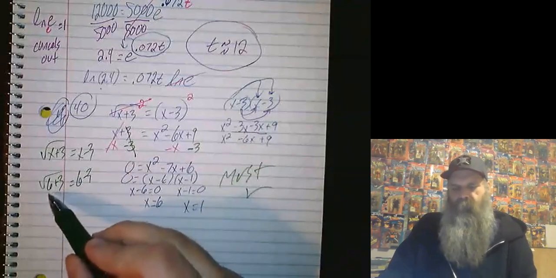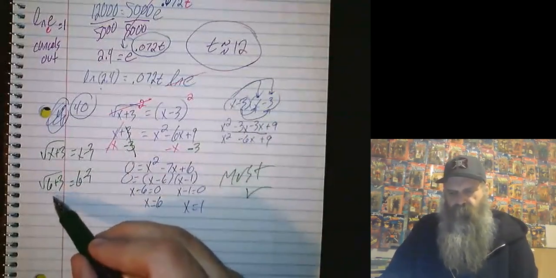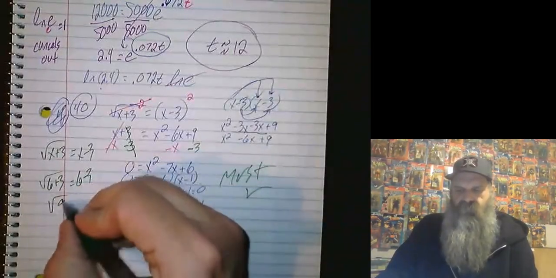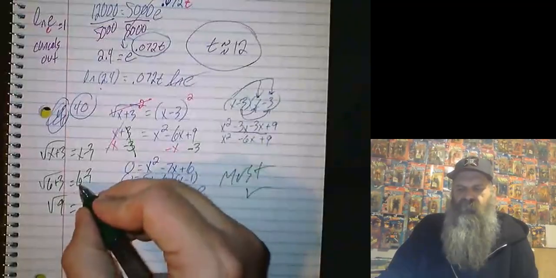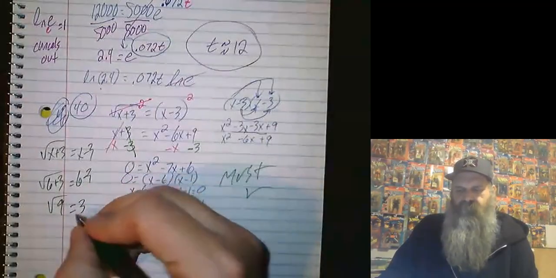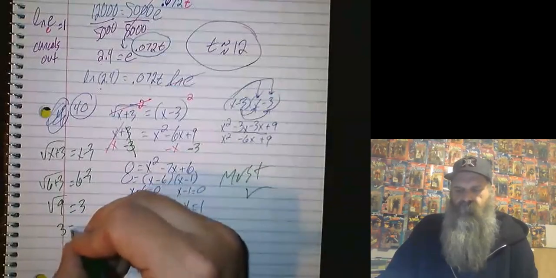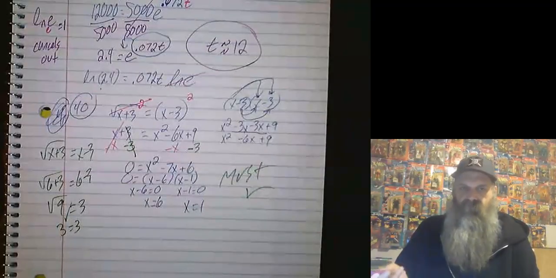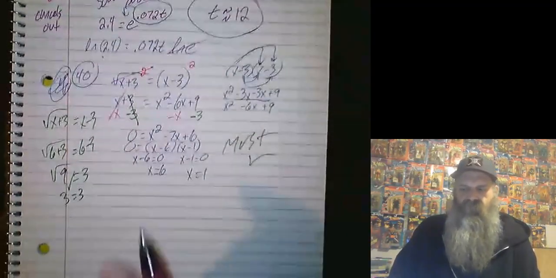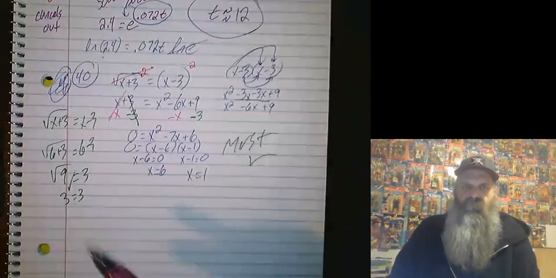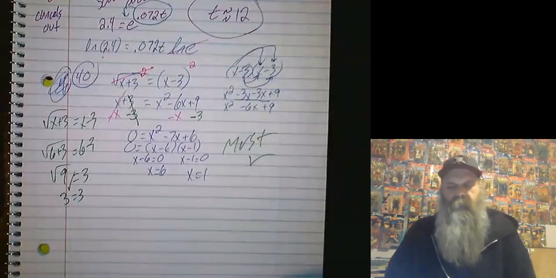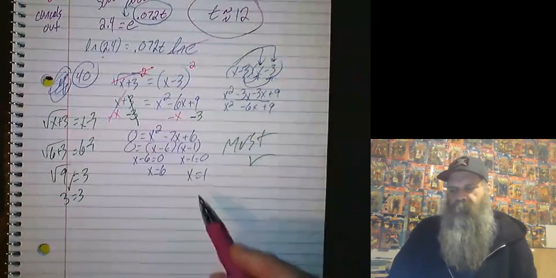On the left side, we're under a radical. The square root of 6 plus 3 is the square root of 9. 6 minus 3 is 3. And the square root of 9 is 3. So this checks out. The way it's going to work is you'll get one, like 3 equals 3, and then you'll get another that's going to be 3 equals negative 3, and that's not going to be the same.